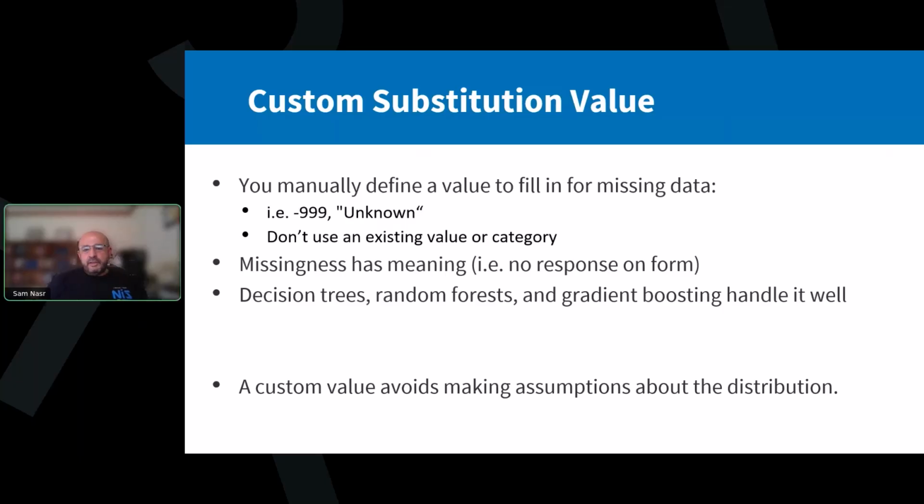One thing to note is if I plug in a custom substitution value, like all nines or "unknown", decision trees, random forests, and gradient boosting all handle it very well by keeping that value set aside or identifying it as a separate value.